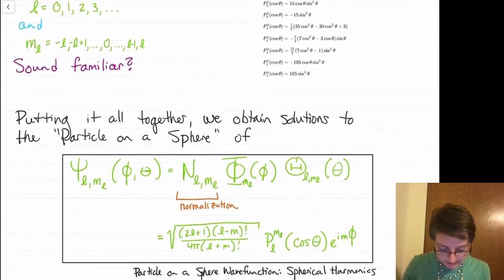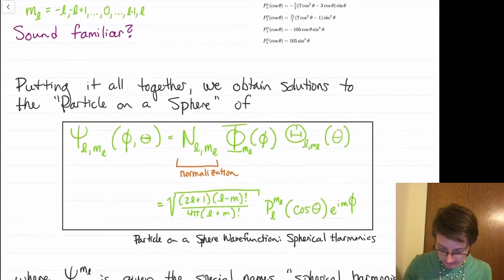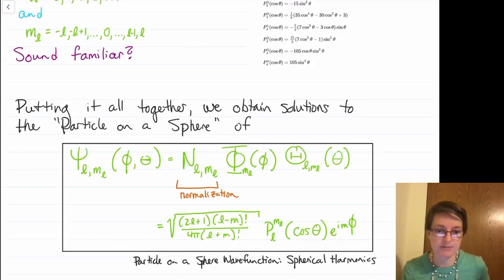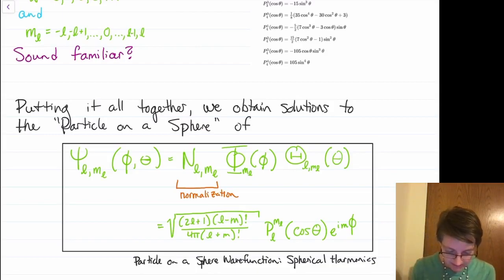Okay, so putting it all together, remember that I claimed that my overall particle on a sphere wave function was equal to a function that depends on phi and a function that depends on theta multiplied together. So I'm going to take my phi function times my theta function, and then, last but not least, I need to normalize this somehow.